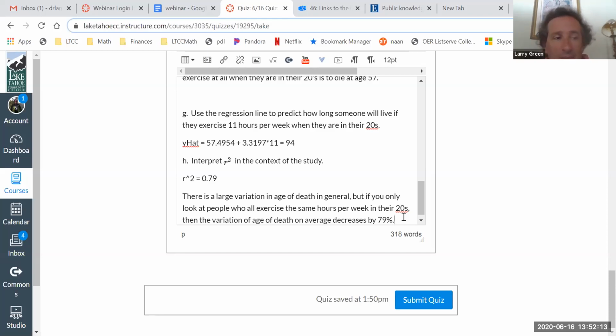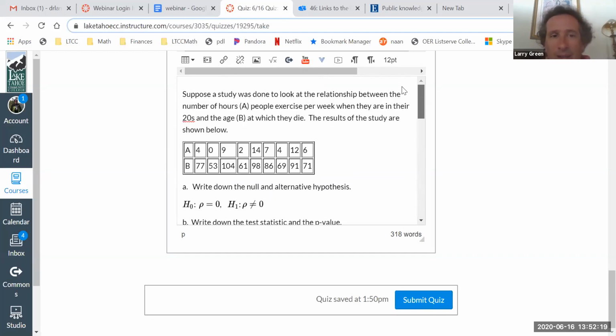I like this one because it's very real. I did not do a study of a bunch of people and wait around until they died after they were 20, because I'm not old enough for that. I'm old, but not that old, because you'd have to be at least 78. So this person died at 98 and they were in their 20s. But the point is that those studies are definitely done.